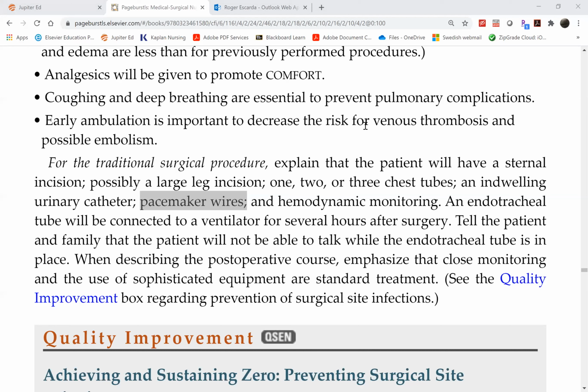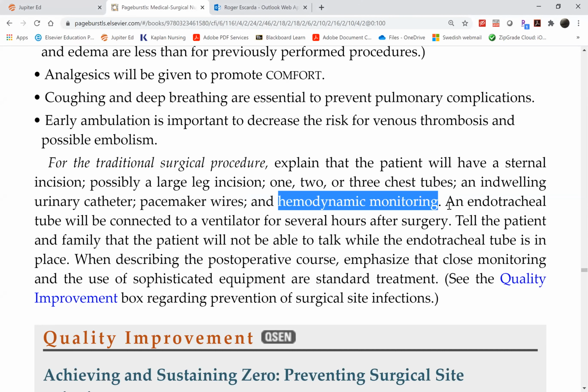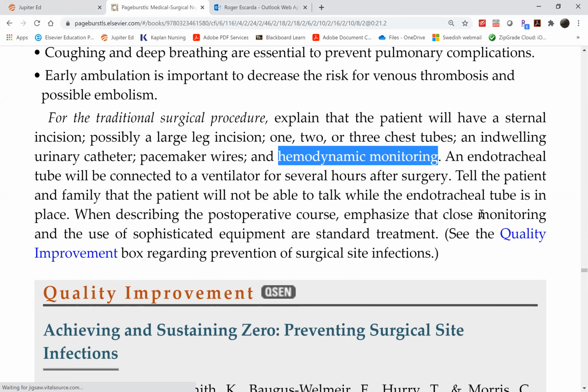And they do the bypass, and then when they restart your heart, when they restore circulation back, they need to give you a pacemaker, a temporary external pacemaker. And of course, we monitor you with the pulmonary artery catheter. Another name for the pulmonary artery catheter, in case you get it on any exam, is called the Swan-Ganz catheter. Swan, like swan, the bird, and Ganz is G-A-N-Z.